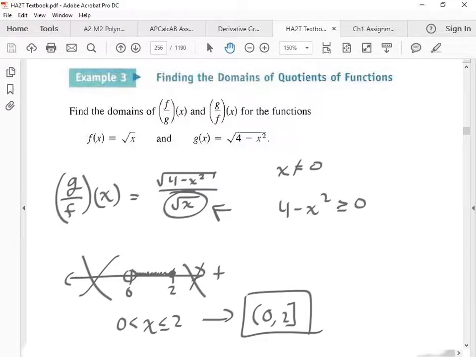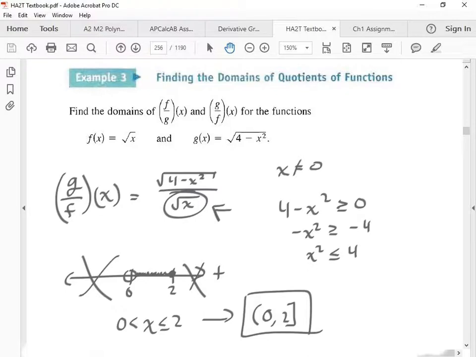If I did that, we would have negative x squared plus 4, so x squared would be less than or equal to positive 4. You square root both sides, and that would give you the values that would make this positive.